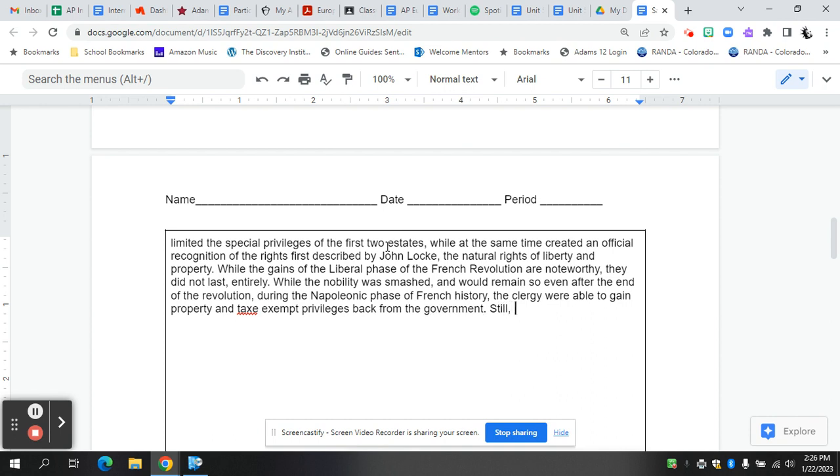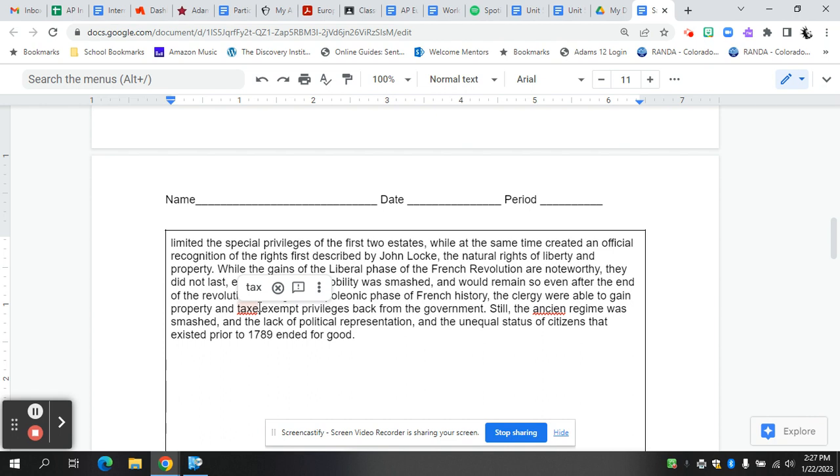Still, the Ancien regime was smashed, and the lack of political representation and the unequal status of citizens that existed prior to 1789 ended for good. Right? And that's it. I am done. That is the end, all right, of my paragraph.